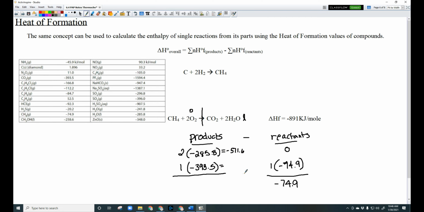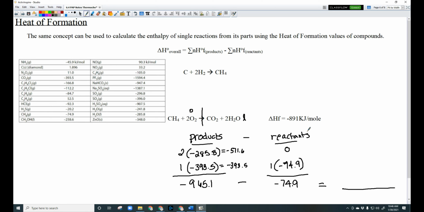Okay, this is going to be negative 393.5 since it's by 1. Now add these up. So negative 571.6 plus negative 393.5. Okay, that's going to give me negative 965.1. Okay, so this minus this is equal to, it should be the delta H of our reaction.